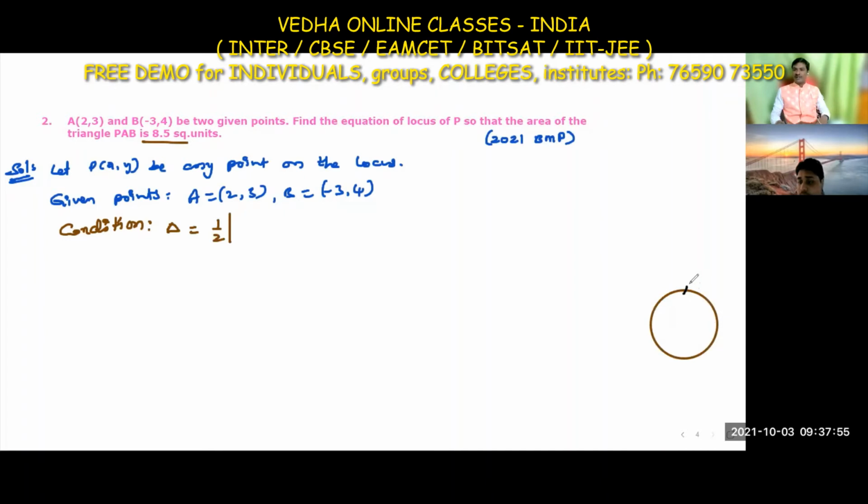Here I am taking this one. After 1 we get 2, after 2 next 3, after 3 next 1: 1 2 3, 2 3 1, 3 1 2.